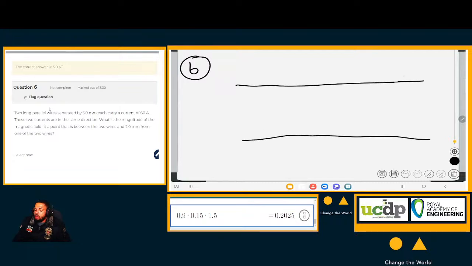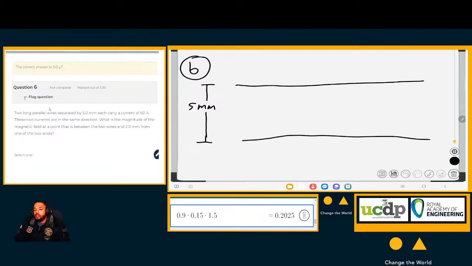They are long, and they are separated by 5 millimeters. So the distance between them is 5 millimeters. I always try to draw what they tell me, the information, to visualize it. So we have two wires, they are parallel to each other, and they are 5 millimeters apart.